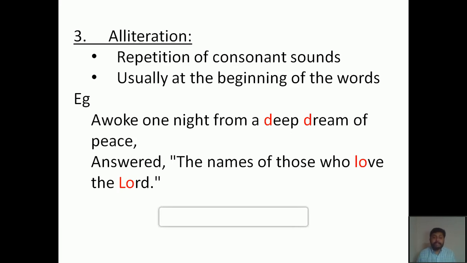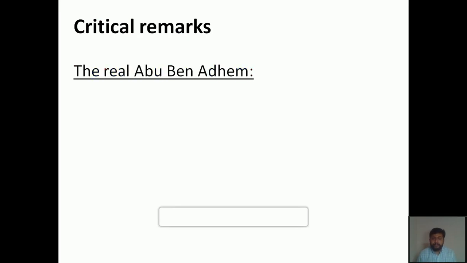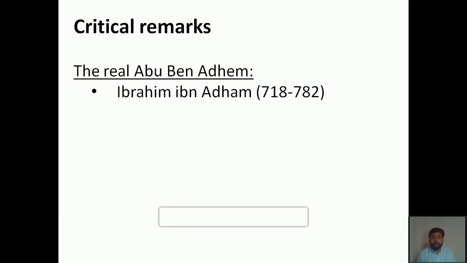Now let's move to the critical remarks of the poem. The first critical remark about the poem is the real Abou ben Adhem. So the concept or the ideology of this poem is from a real Abou ben Adhem, and his real name is Ibrahim ben Adhem, who lived between 718 and 782.